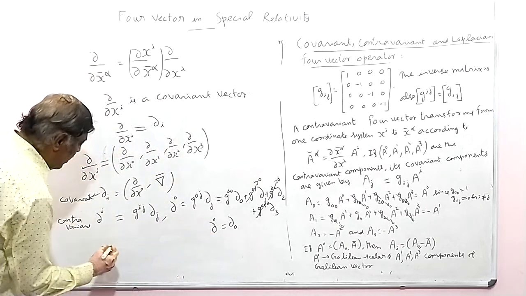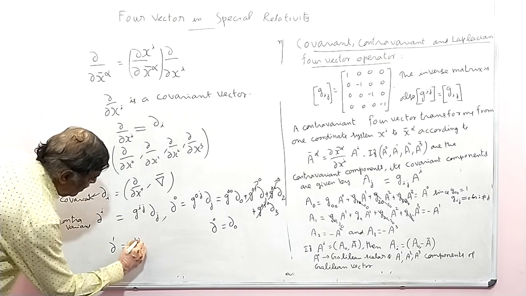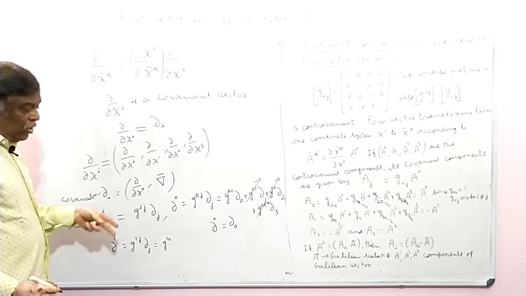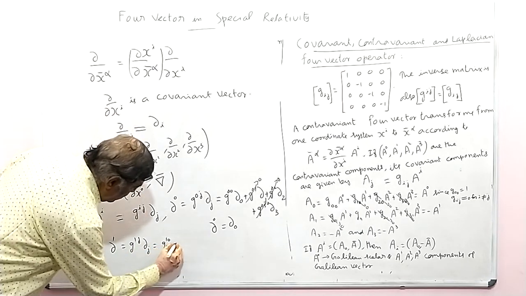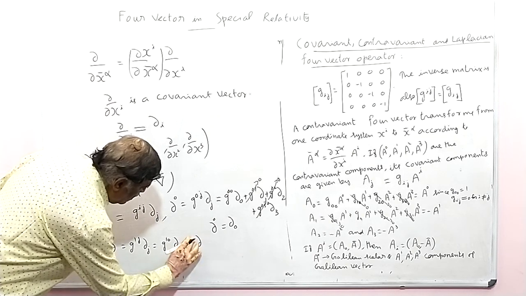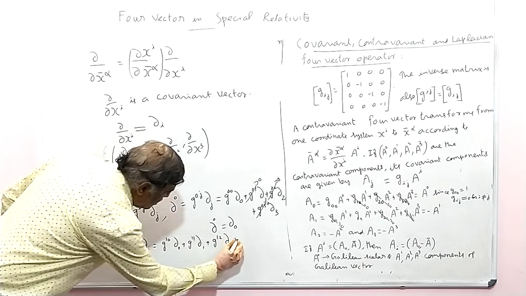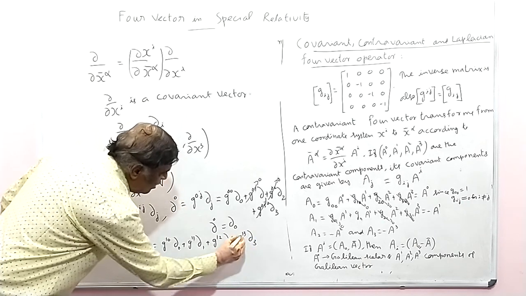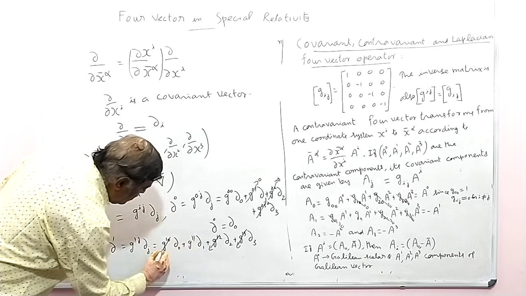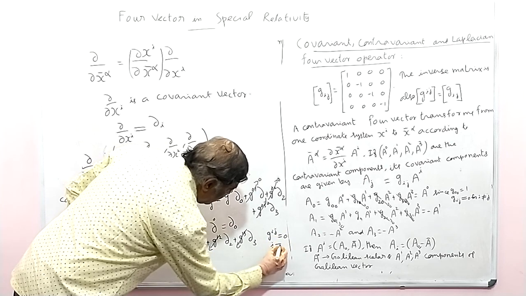So, similarly, you can find d1. What is d1? d1 is equal to g^1j dj, where j runs from 0 to 3: g^10 d0 plus g^11 d1 plus g^12 d2 plus g^13 d3. Now, g^ij is equal to 0 when i is not equal to j.